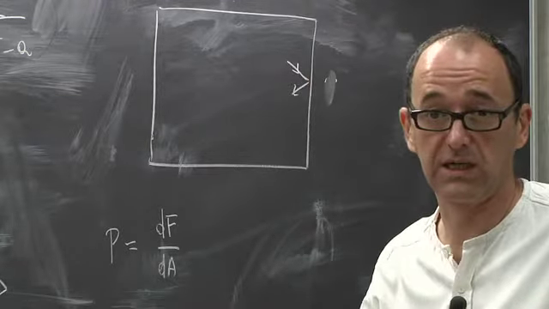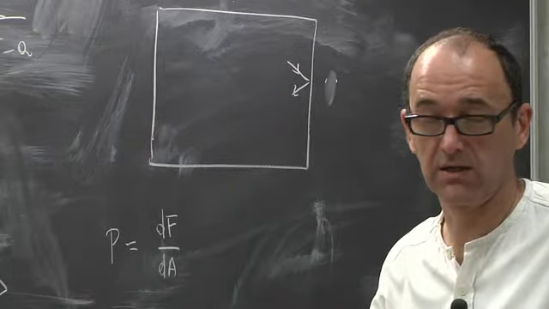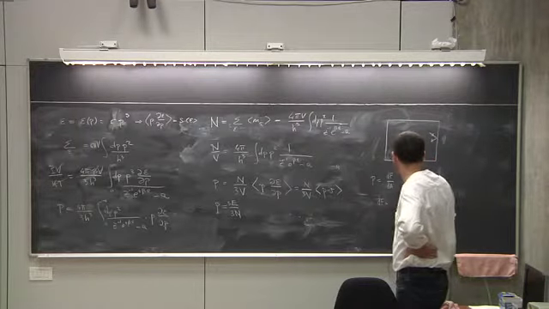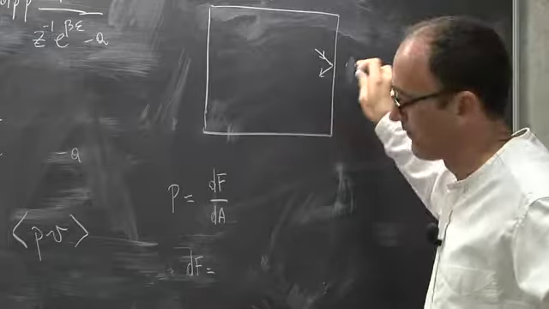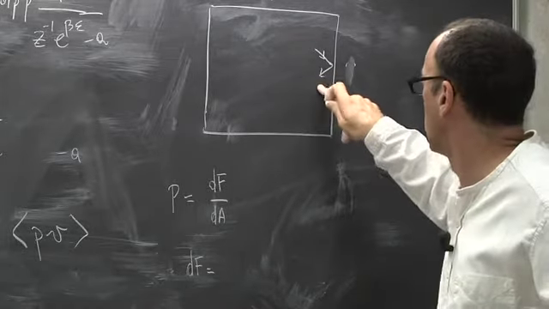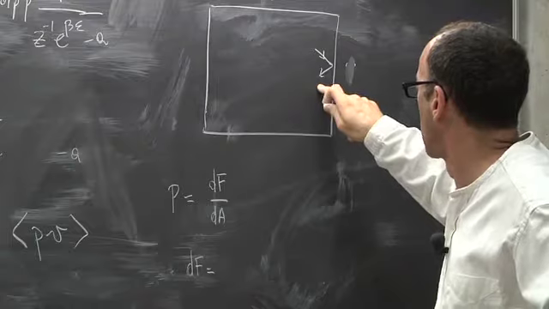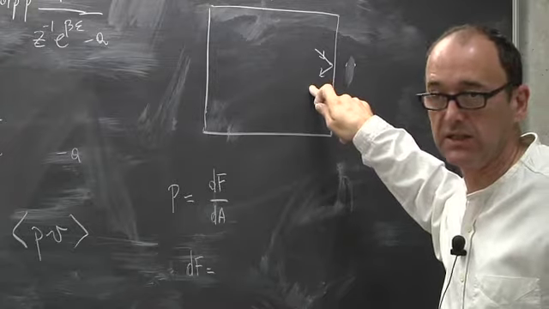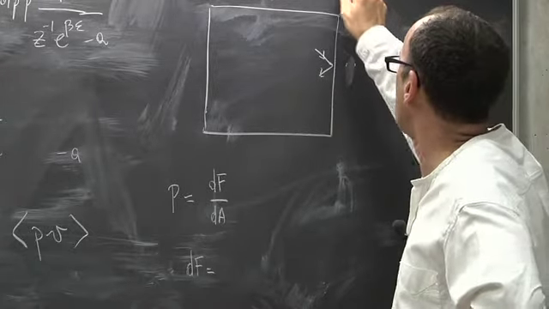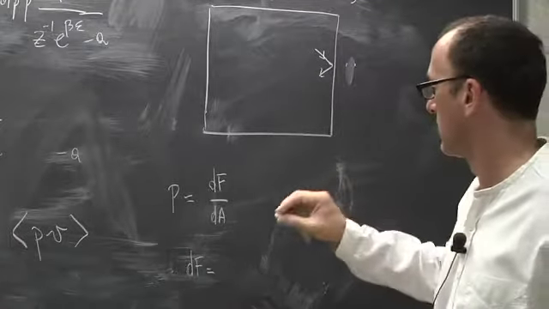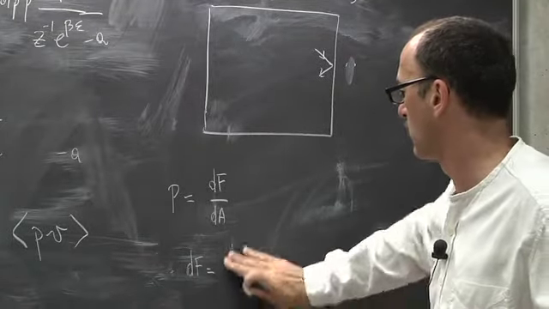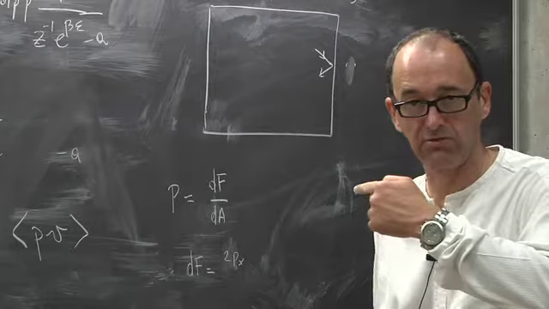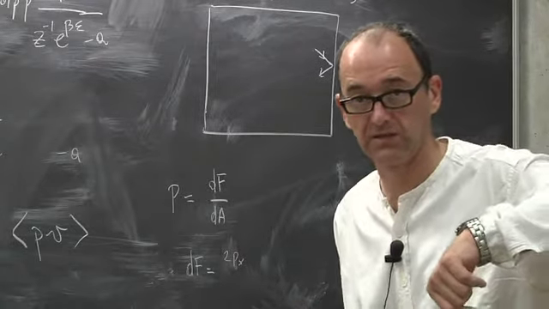The force is given by the derivative of the momentum, right? When a particle hits and bounces back, if this is the coordinate x, the change in the momentum is 2 times px, because the particle enters with momentum px and exits with momentum minus px.